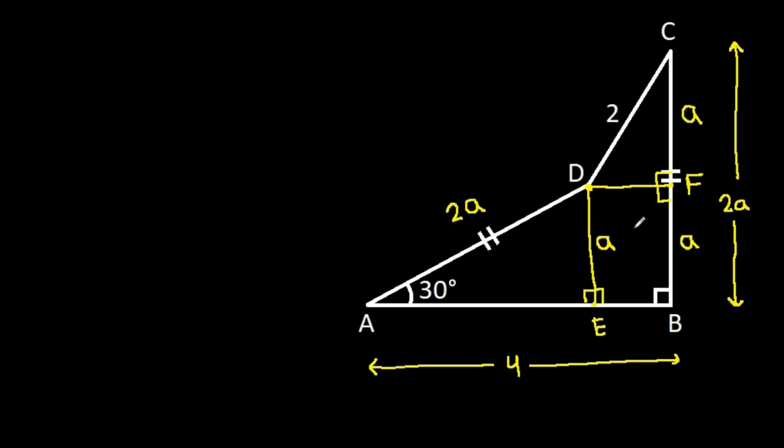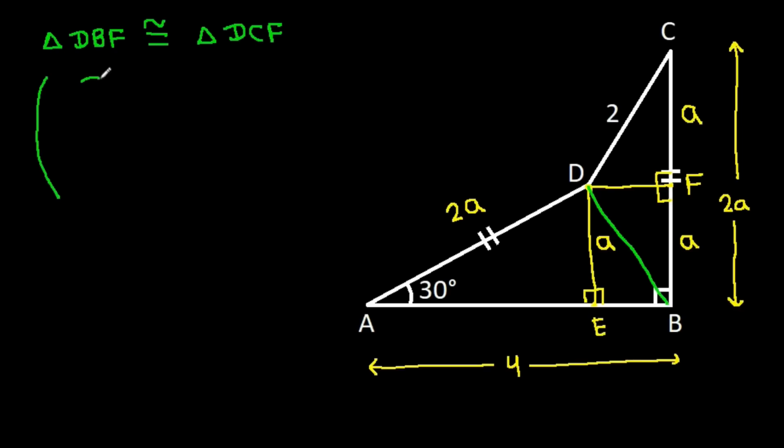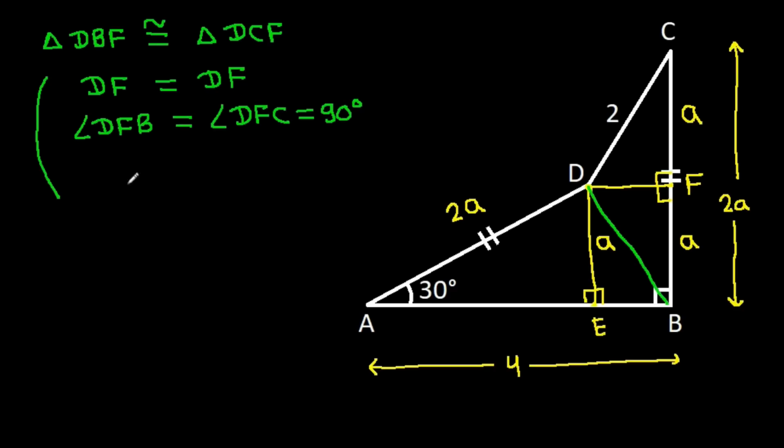Now if we join BD, then triangle DBF will be congruent to triangle DCF, because we have DF common and angle DFB is equal to angle DFC, that is 90 degrees, and FB is equal to FC, that is a.